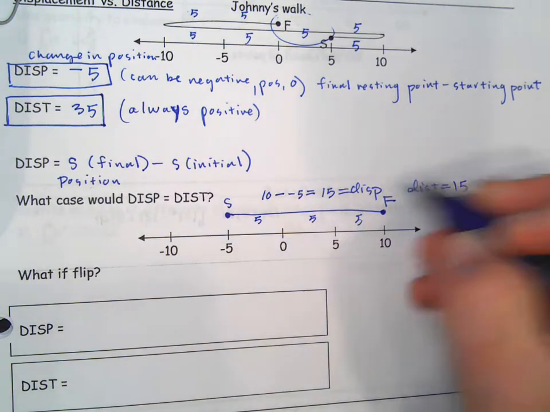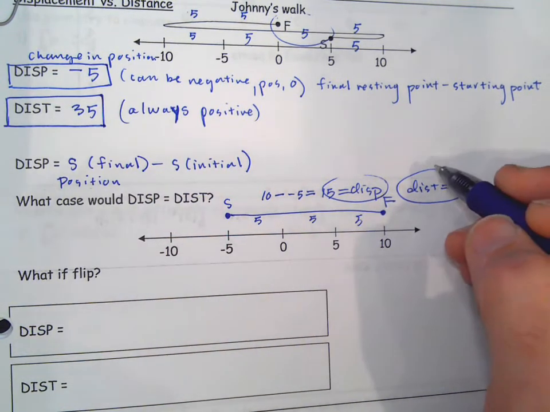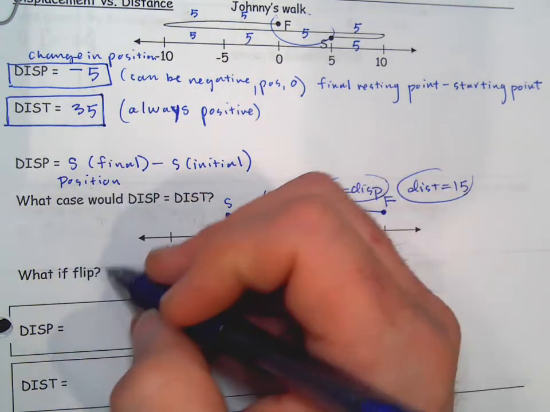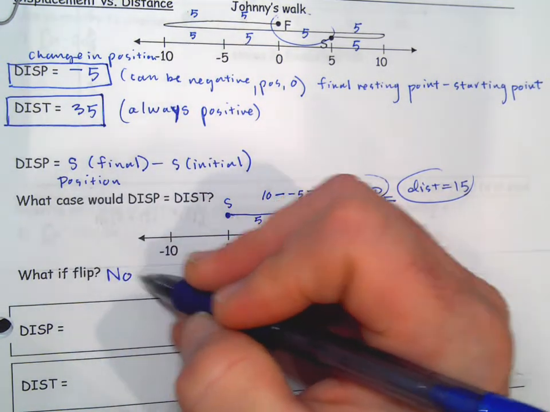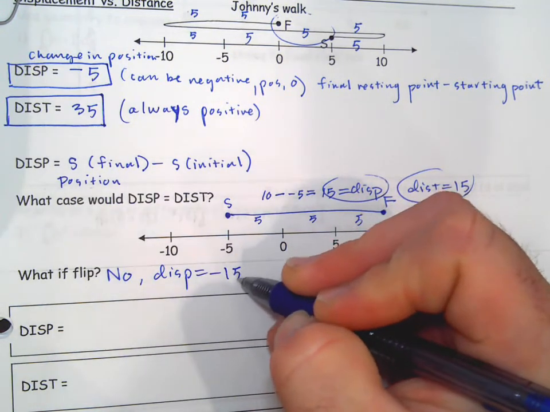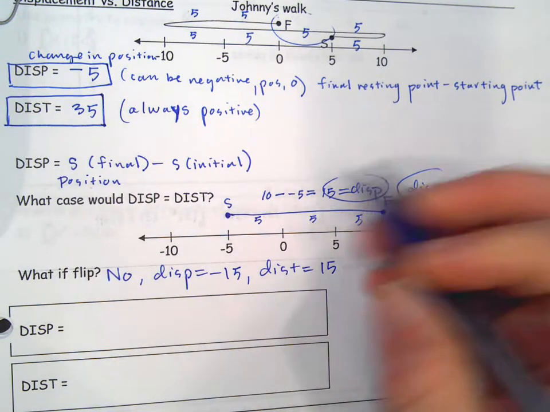This would be the one special case, and the thing that's special about it is that you're moving to the right the whole time. If you're moving to the right the whole time, distance and displacement would be the same. If you flipped it around, displacement would be -15 and distance would still be +15. So it wouldn't work. You have to be moving in the positive direction the whole time, forward.